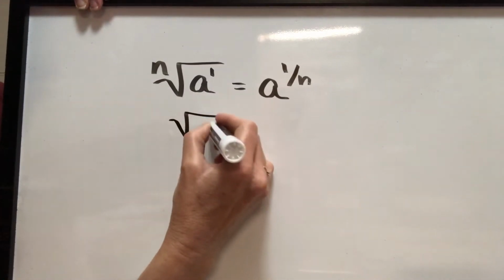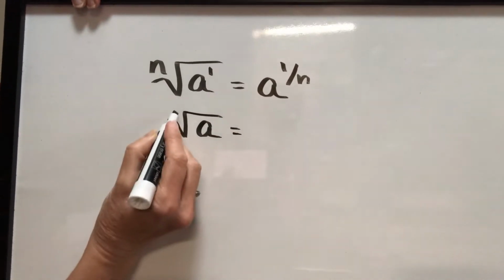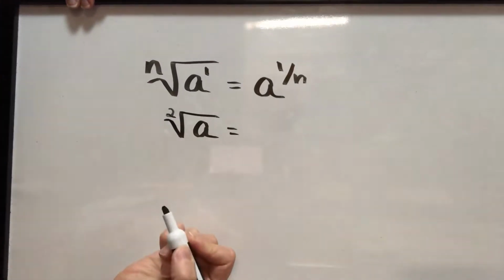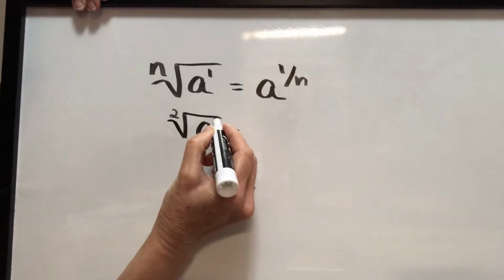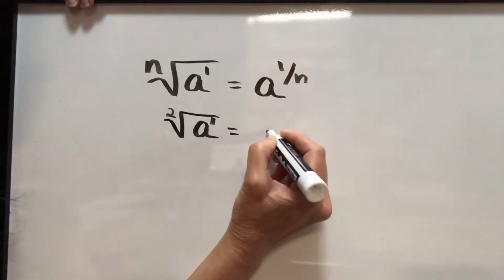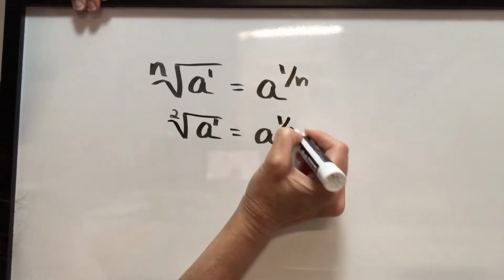So if you have something like the square root of a, the square root, even though you don't see a number there, implies that it's a 2. And a, if you don't see an exponent, implies that that's a 1. So if you have to write it as an exponent, you would write a to the 1/2 power.